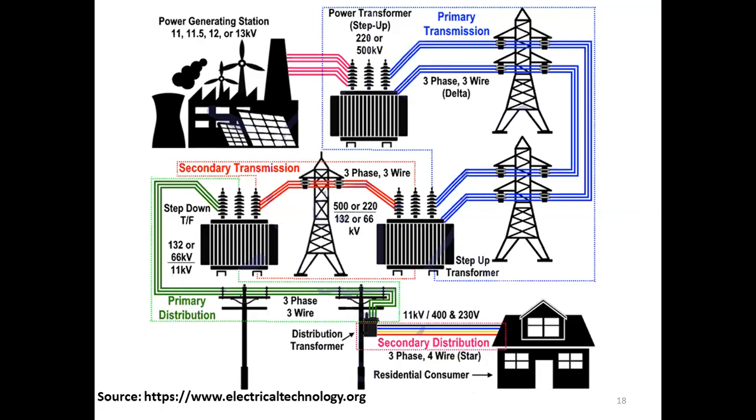That general information is more than enough. If you want to become an electrical engineer, you must know this infrastructure clearly. As a school student, it is more than enough. This is how power is transported from the generating station to your home, right?